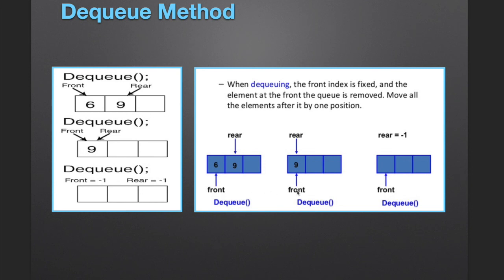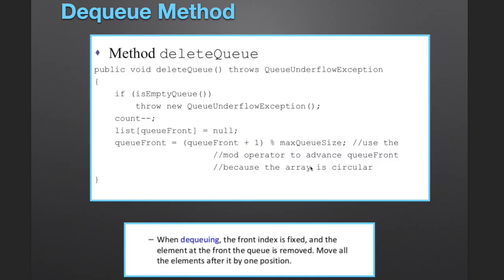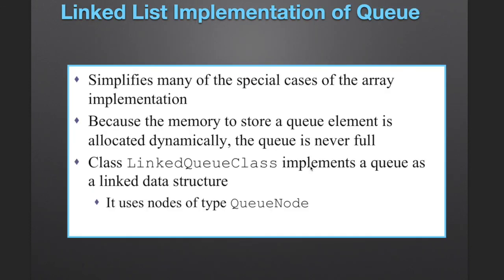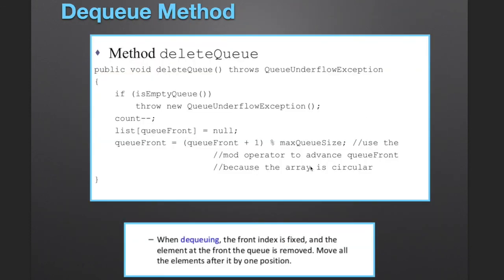And you can see front is still here, but you need to update your rear, right? You need to shift each element in your array by one toward the beginning of the array. Here's some example.